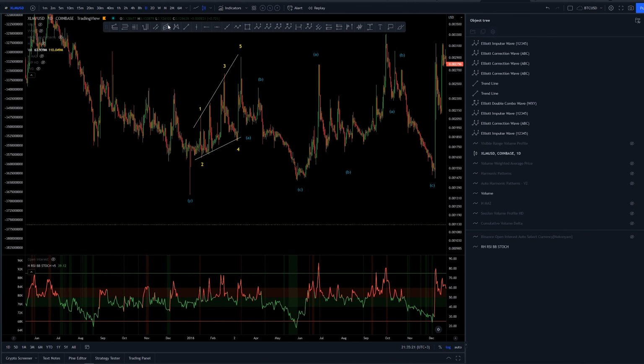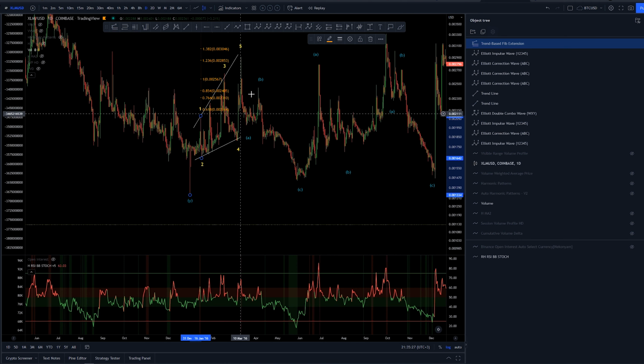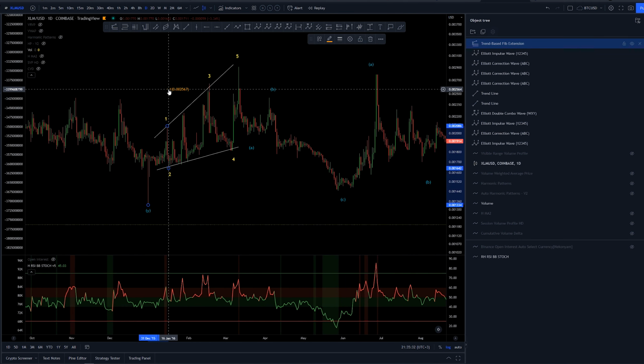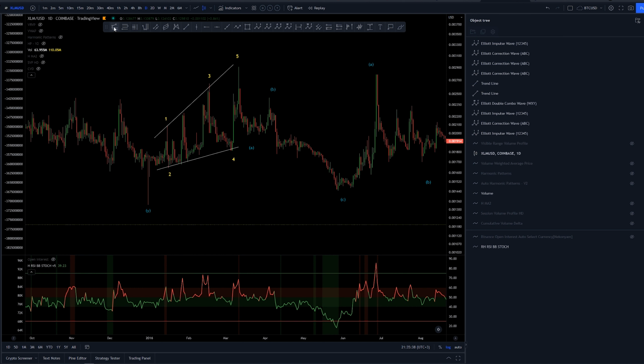So let's just check out the extensions once more, just to make sure that these are correct. So what we're looking at is the one-to-one extension. Wave 3 is larger here, which means again that this needs to be an expanding diagonal if we want to play the diagonal.